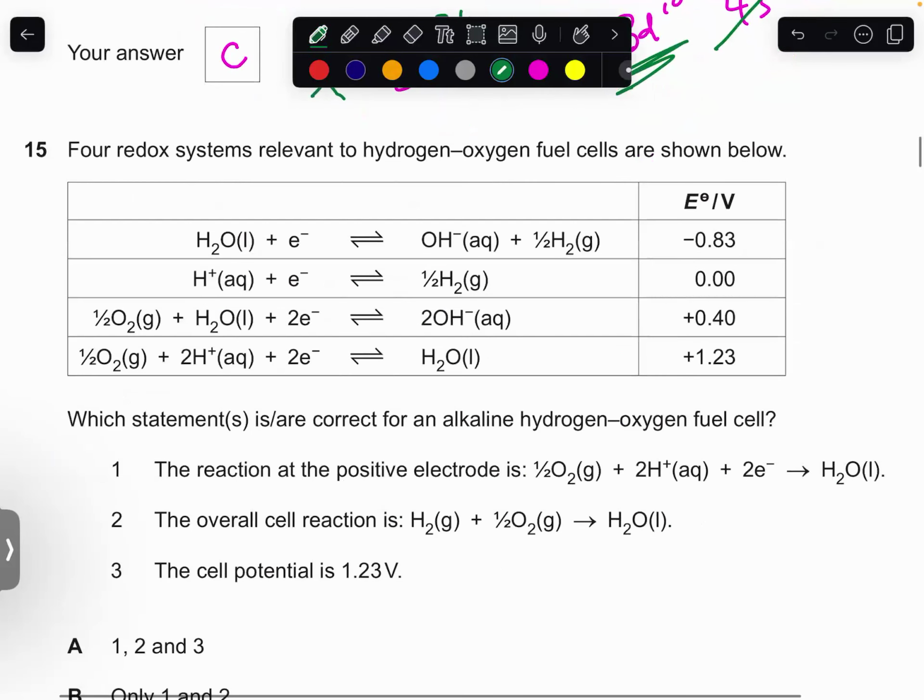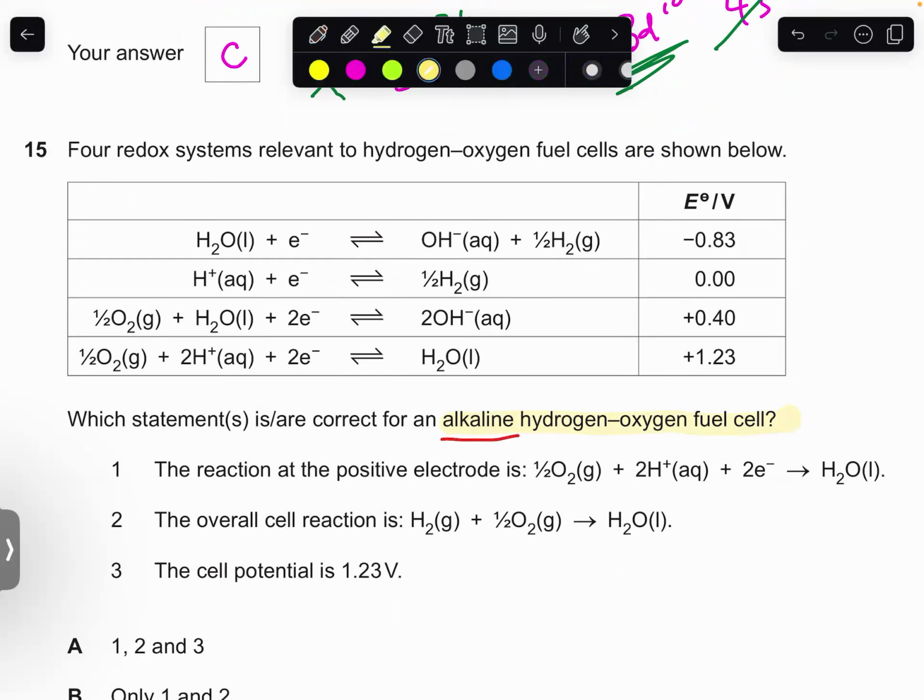Last question. This is to do with 4 redox systems relevant to hydrogen-oxygen fuel cells, where a substance is reacted with oxygen to form an electrical current, in the form of modern batteries. Again, it's so easy to overlook certain words. What statements are correct for an alkaline hydrogen-oxygen fuel cell? The key word here being alkaline.